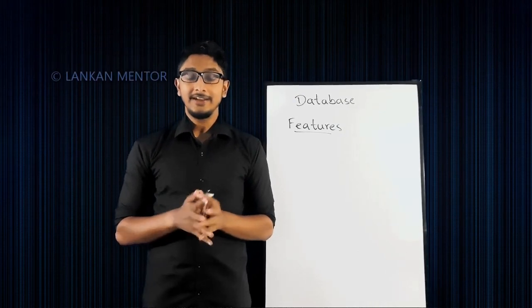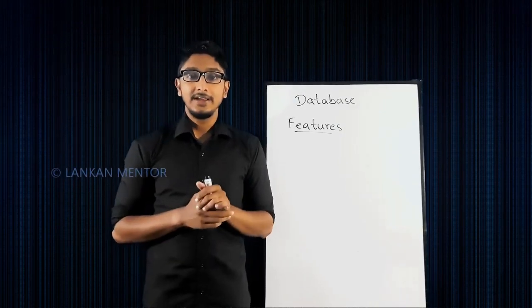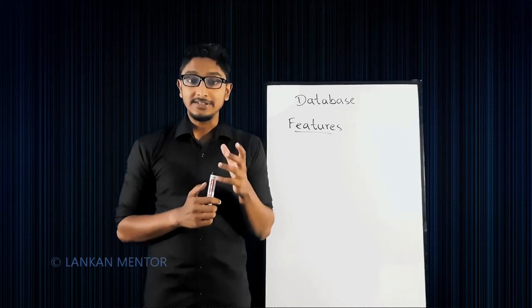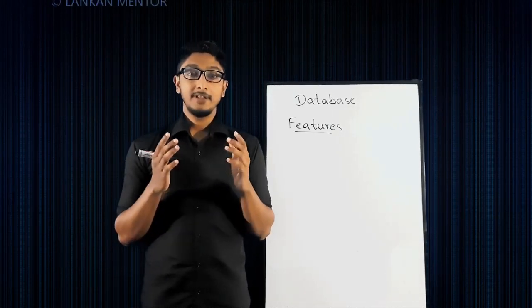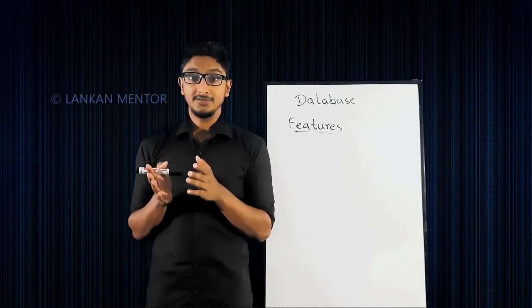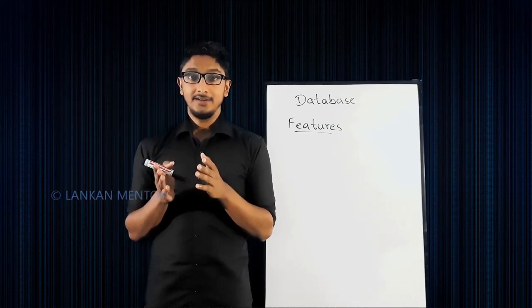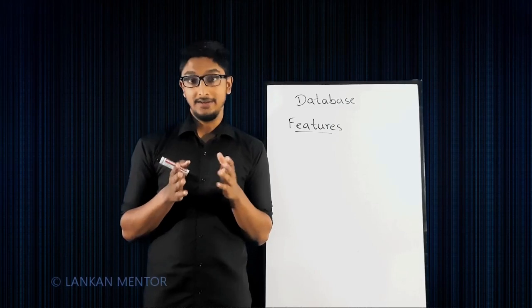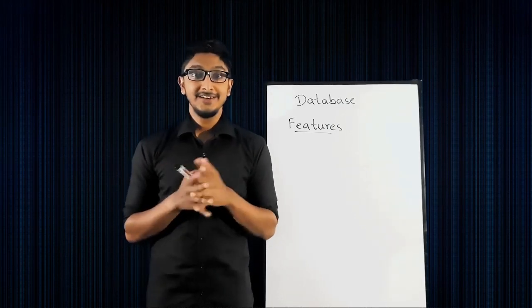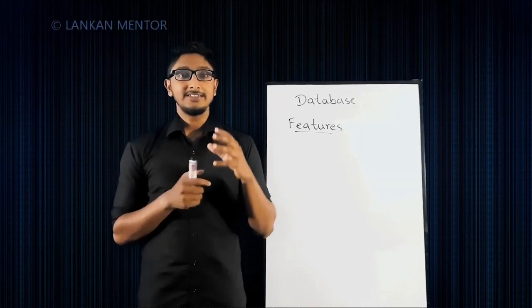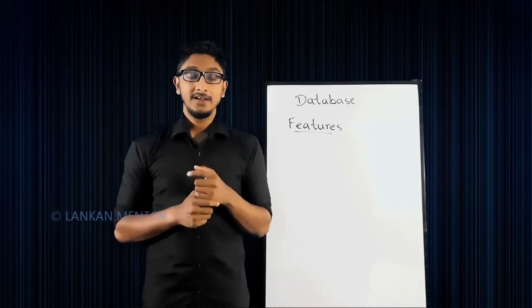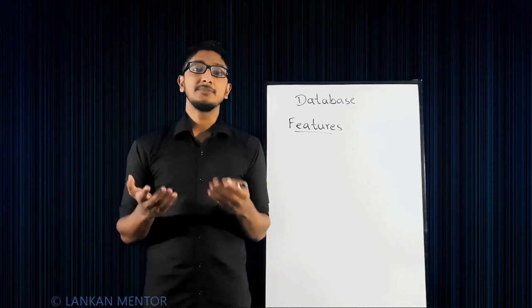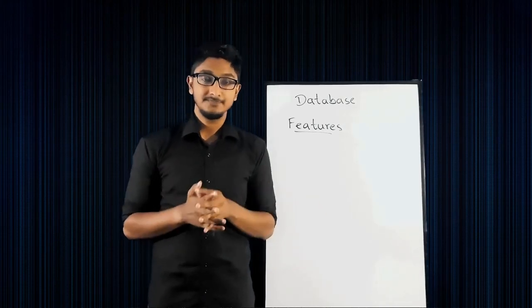Alright, the other advantage is it increases accuracy. Now, accuracy means it should be correct, right? 100% correct, or at least 99.99% correct. So if it increases accuracy, what does it mean? Sometimes humans can make mistakes, they can misplace files.